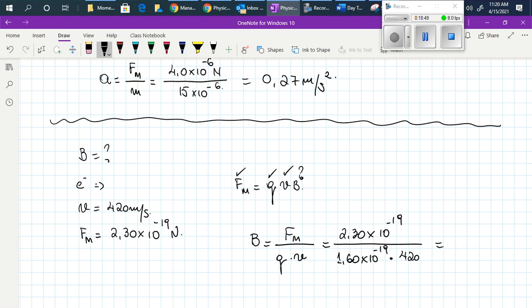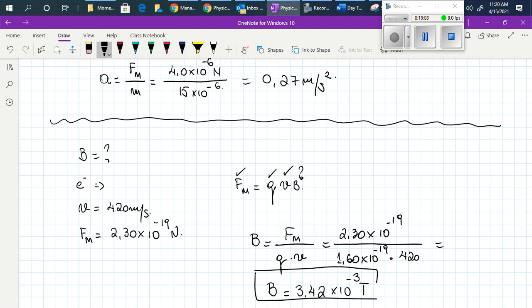1.6 times 420 will be... the magnetic field strength will be 3.42 times 10 to the power of negative 3 Tesla.